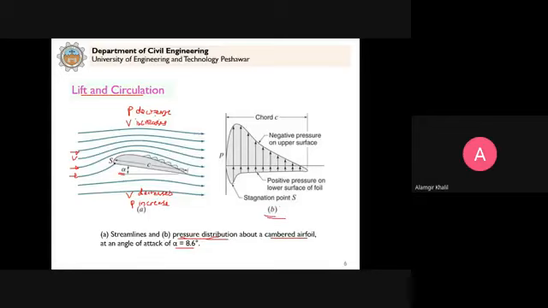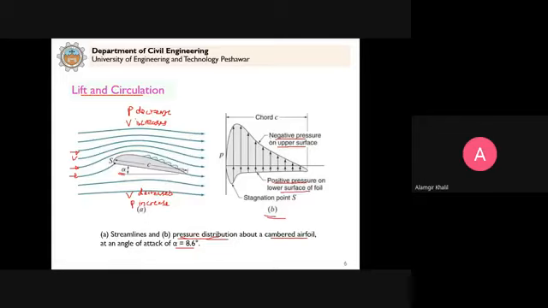Because pressure decreases, you can see that at the top we have negative pressure on the upper surface. And at the bottom or lower surface of this foil, pressure increases, so we have positive pressure on the lower surface.